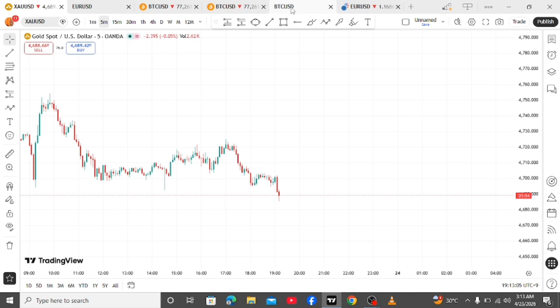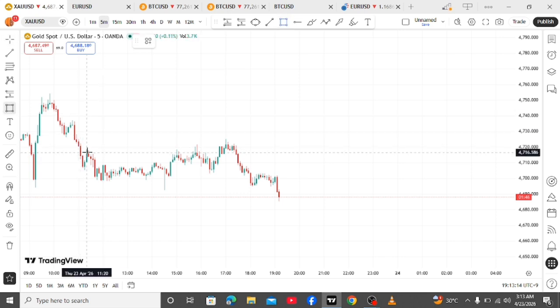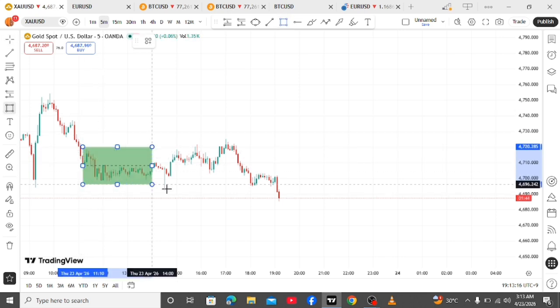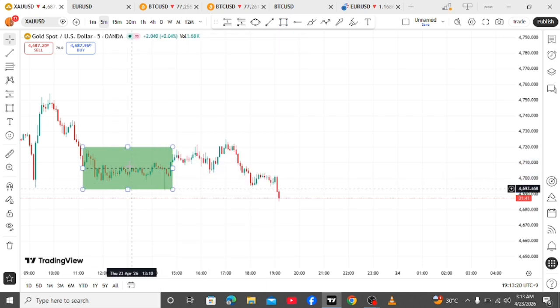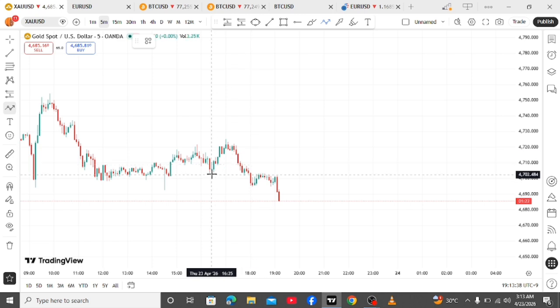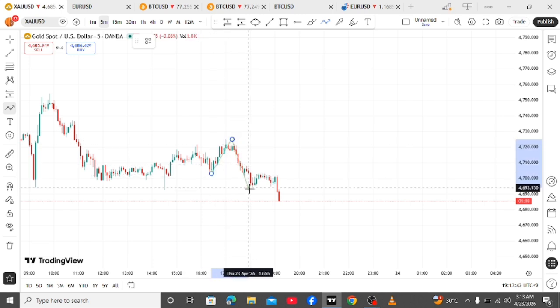As you can see from this point, the market made this after a consolidation. This right here is a consolidation. This right here is a consolidation. The market just moved sideways. So from this point, the market made a mini downtrend here, and it's going down.